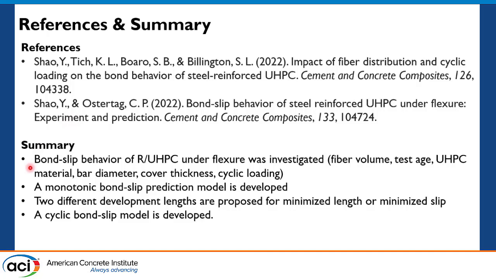And in summary, we present the bond slip behavior of reinforced UHPC with different fiber volume, test age, material, bar diameter, cover thickness, and cyclic loading. We propose a monotonic bond slip prediction model. We propose two different development lengths, either minimum length for yielding or minimum slip for achieving the desired force, as well as a cyclic bond slip model to capture the degradation.